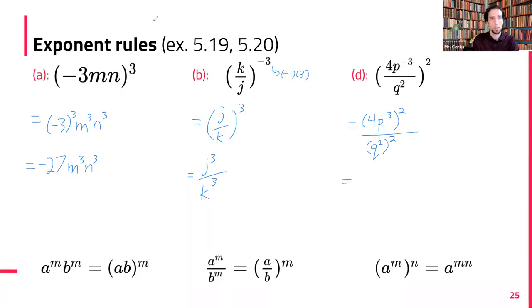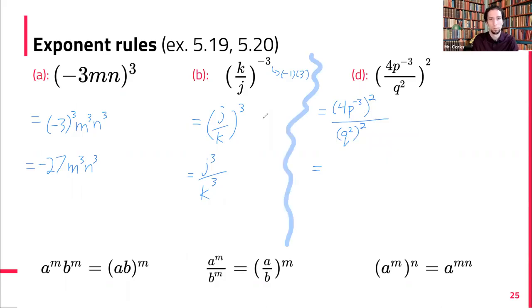And then what's the next step we would have? 16 p to the exponent -6 over q exponent 4. Okay, you're also jumping ahead. You're totally right. I just want to make sure everyone can see what we're doing here. So next, I'll just bring the exponent inside.